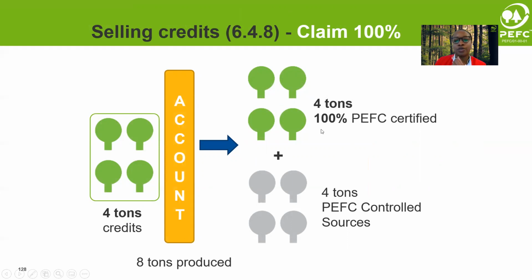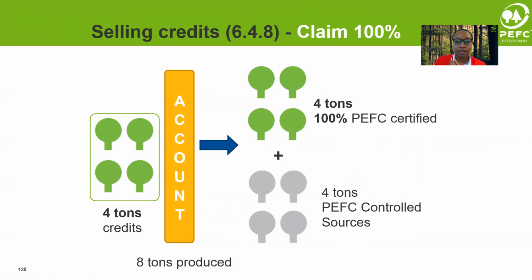So you can inform your client that you can only give them 4 tons of 100% PFC certified, plus 4 tons of PFC controlled sources. Or on the other hand, you can also say you can have 50% PFC certified out of the 8 tons produced. So that's also another example.